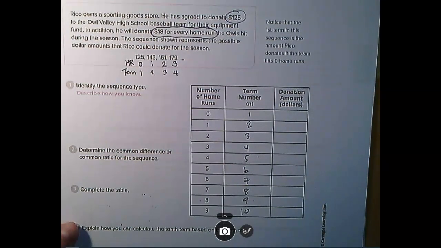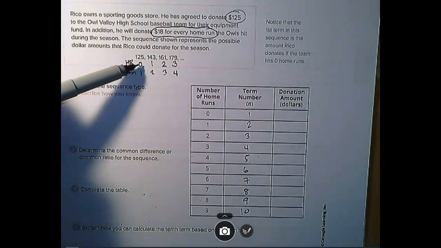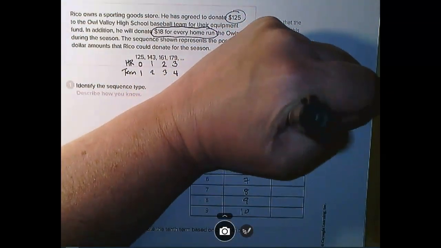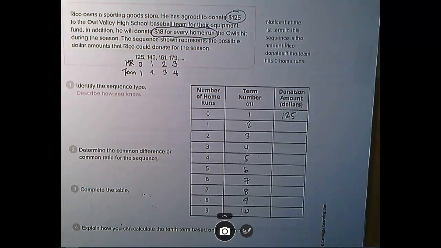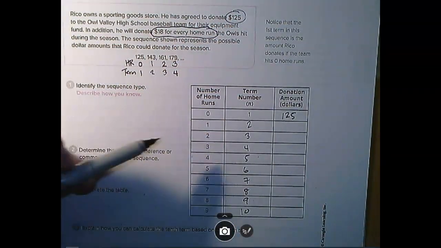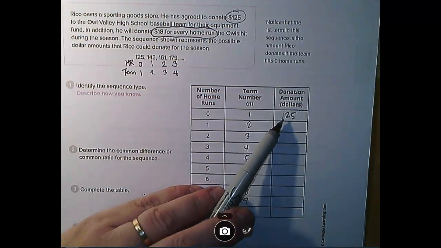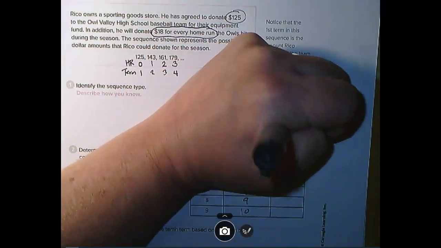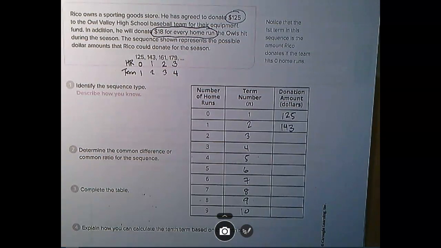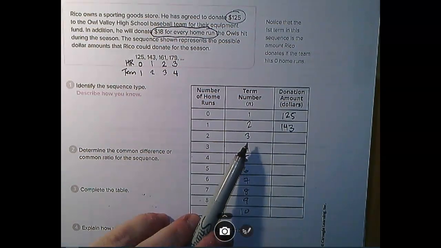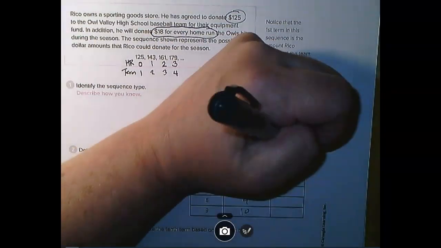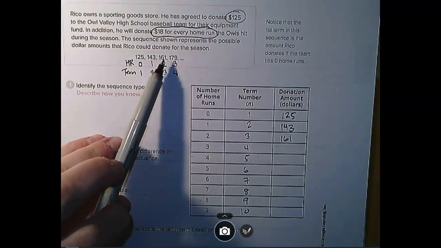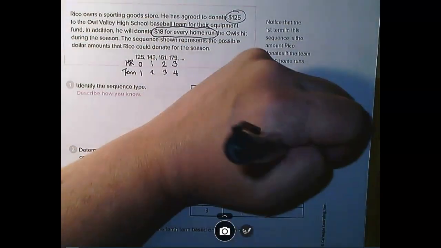And then we're given some information. We know that if they don't make any home runs, 0 home runs, Rico donates $125. But then for each home run they make, he's going to add on 18. So 125 plus 18 is 143. 143 plus 18 is 161. 161 plus 18 is 179.